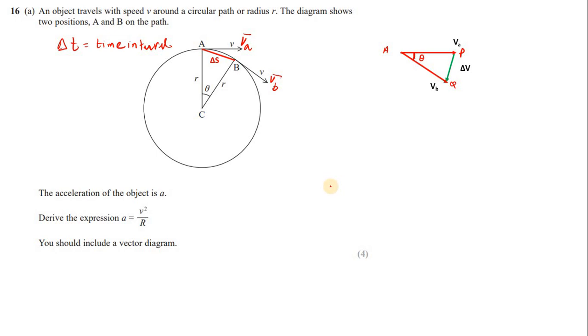So what if you make this time interval very small? That's what you need to start your working. If delta t is very, very small, that means point B will be quite close to A. I cannot draw it exactly, but I tried.